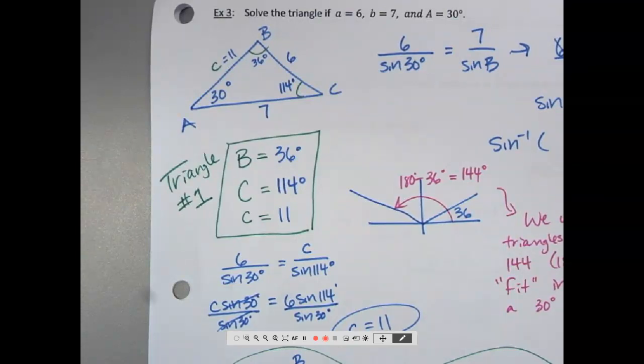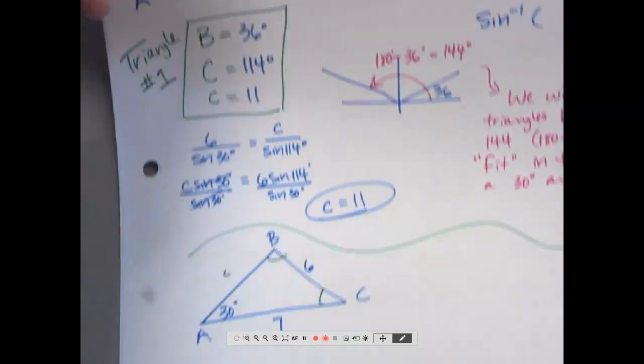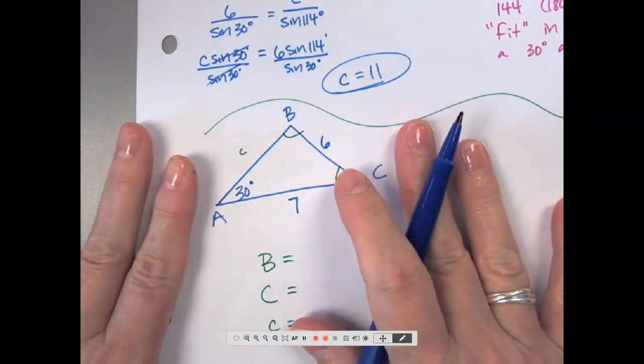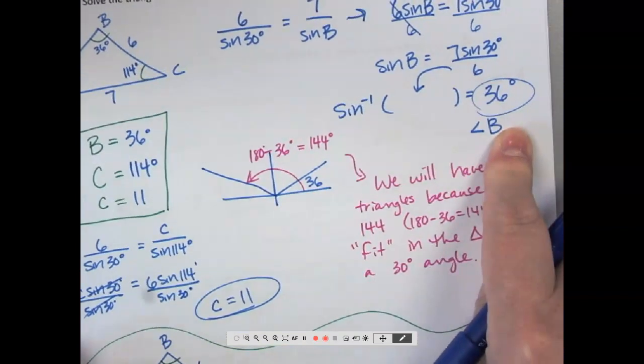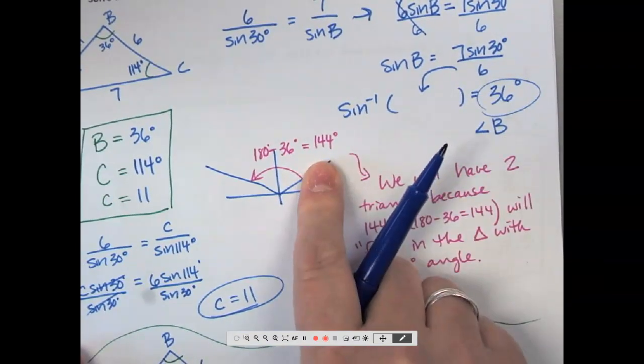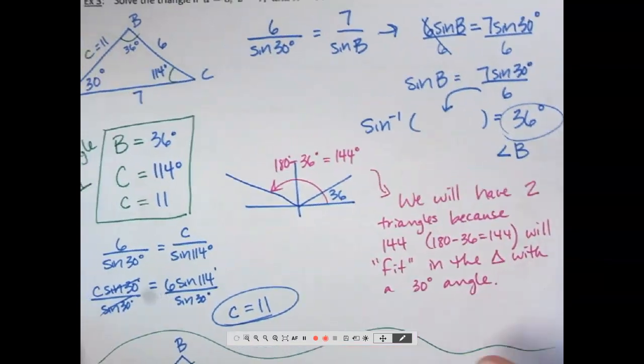Any question on triangle number 1? Okay, so now we're going to go down the second triangle. Remember, the same given information. I can't change that. But instead of angle B being 36, I'm going to use the supplement, which was 144.